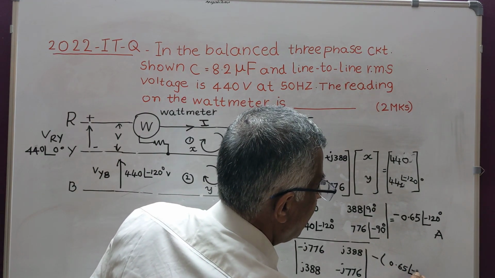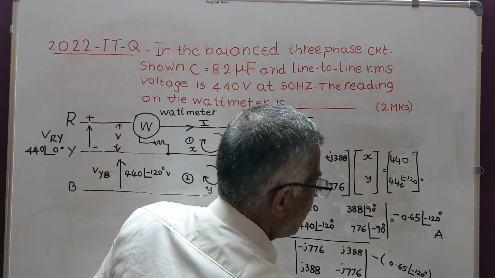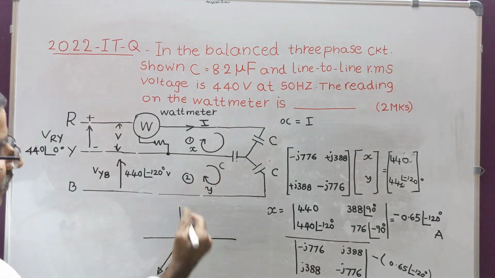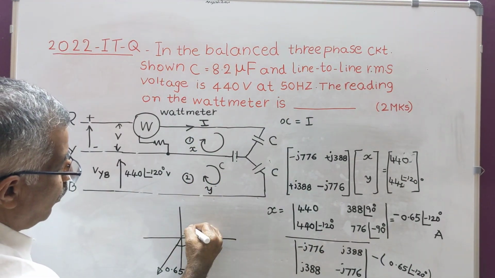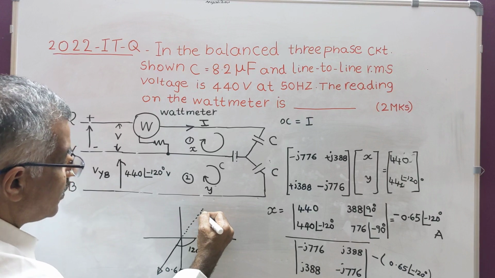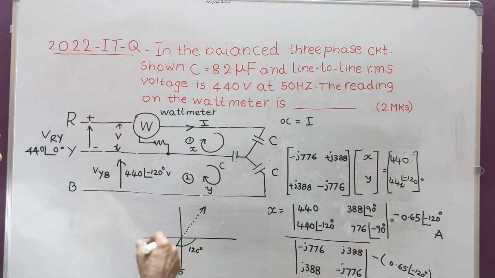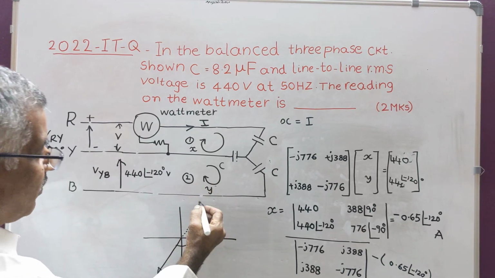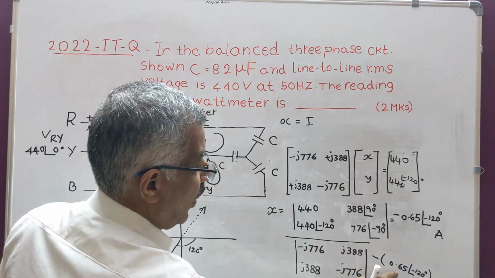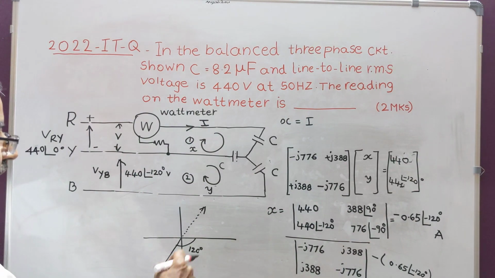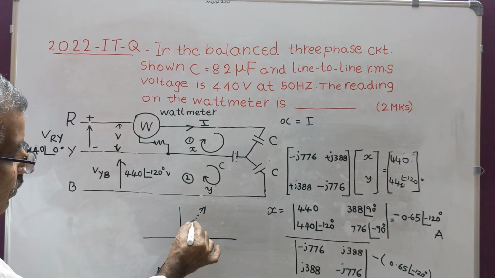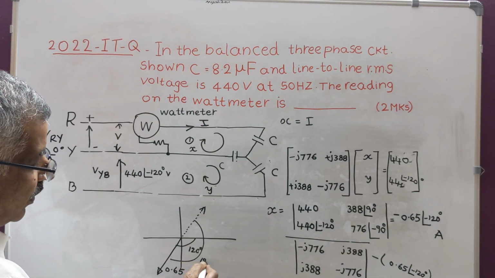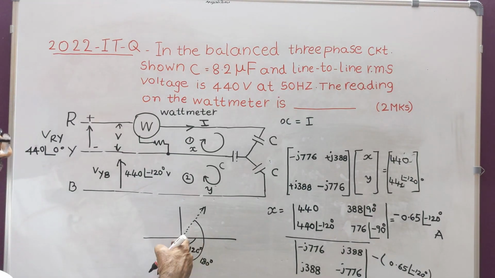Now minus of 0.65 angle minus 120 means opposite to this. So this is a phasor which is in antiphase with this. So this is what is called minus 0.65 angle minus 120 degrees. This angle is 180 degrees. This is 120.